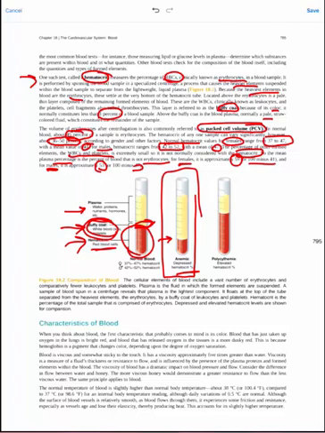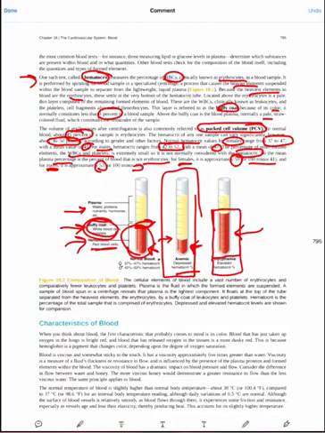So you can see the amount of red blood cells here is much lower than here, which is the normal blood. And then polycythemia, you can probably guess what polycythemia means based on this hematocrit. You can see there's many, many more red blood cells than in anemia, and then in normal blood as well.